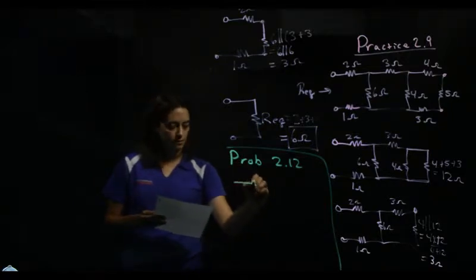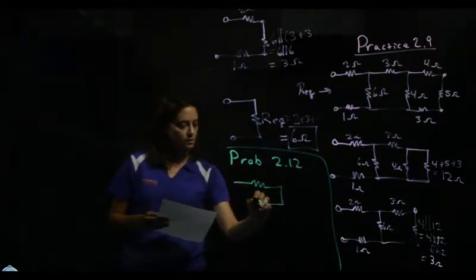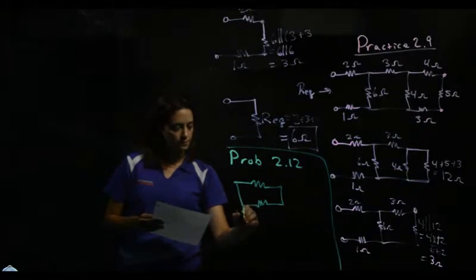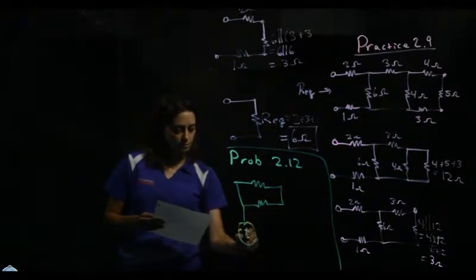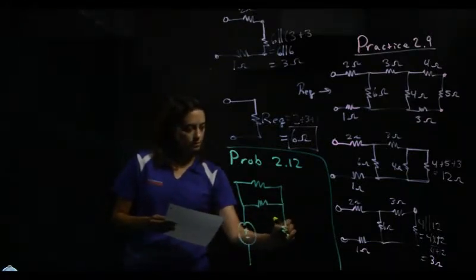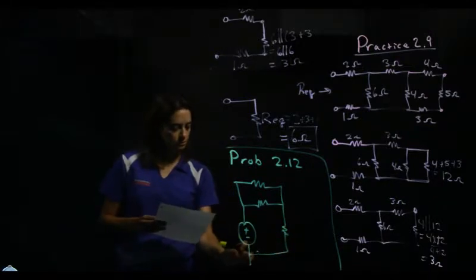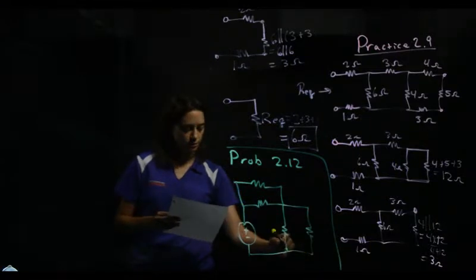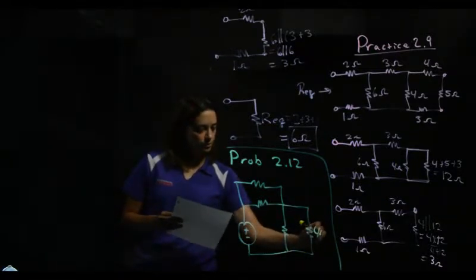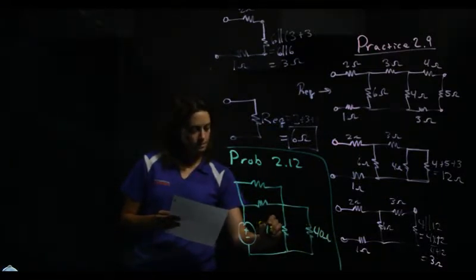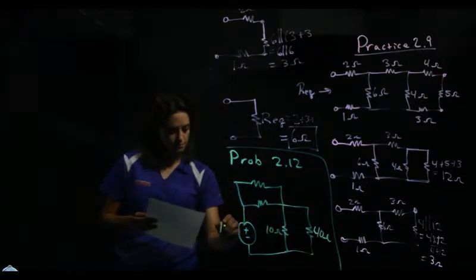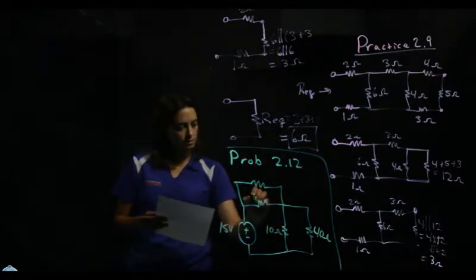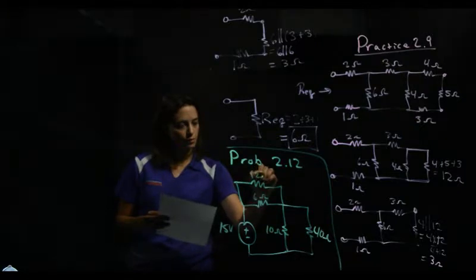We have a resistor up here, a resistor here, a voltage source, a resistor, and a resistor. And this is 40, this is 10, 15 volts, 6 ohms, and 12 ohms.